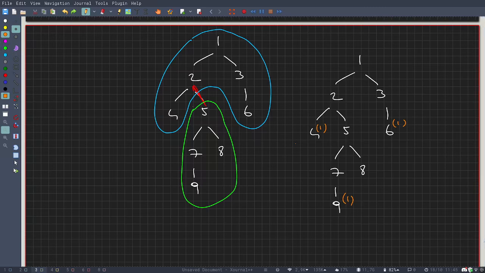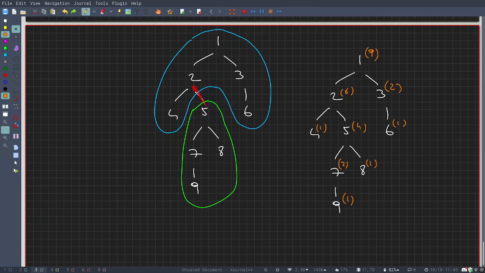If you have node 5 here, the size of the subtree of node 5 is 1 plus this size plus this size. So actually it's not hard to calculate. This is 2, 1 plus 2 plus 1 is 4, 1 plus 4 plus 1 is 6, 1 plus 1 is 2, 6 plus 2 plus 1 is 9, and in fact the size of node 1 is n. Does it make sense?